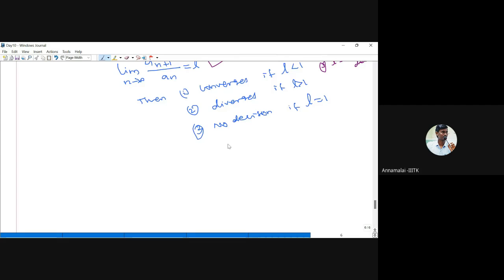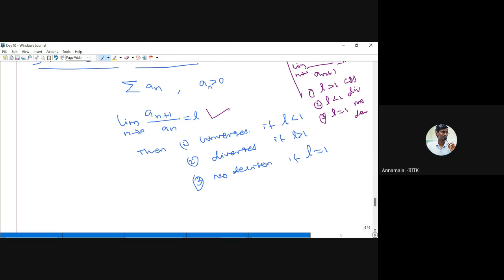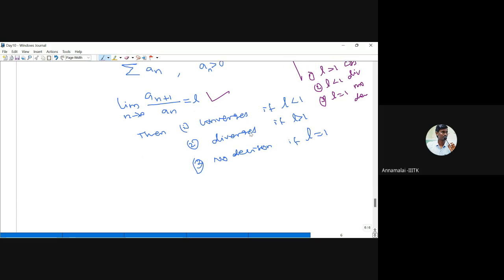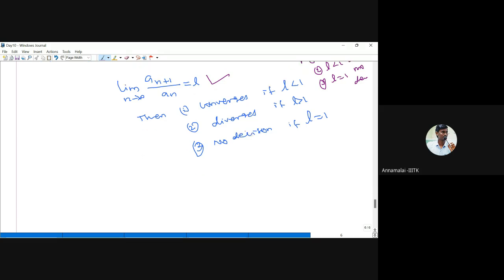Suppose you take the quotient limit and L is a finite number, positive or negative, or 0. Then we can say whether it converges or diverges. Suppose the quotient limit an plus 1 by an is infinity, then we can directly say it is a divergent series. So this is the first part.